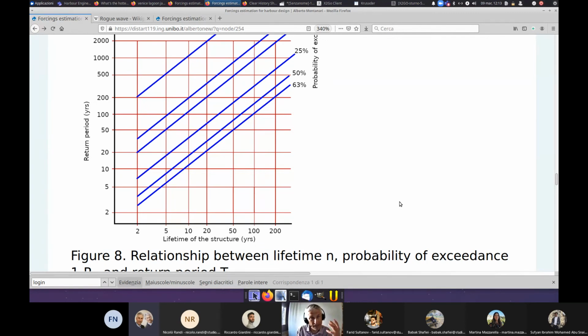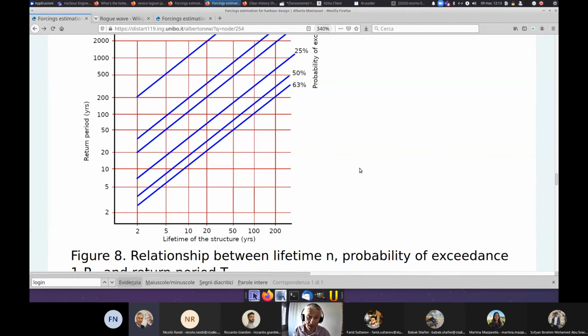And this, I think, is something that you didn't know, because it is rarely considered. Usually one says, okay, if the return period is equivalent to the lifetime, I am quite sure that nothing will happen during the lifetime. No, absolutely. You have a 63% probability to get it.